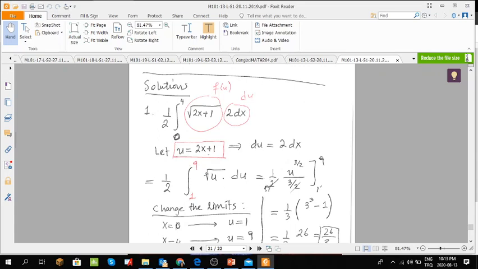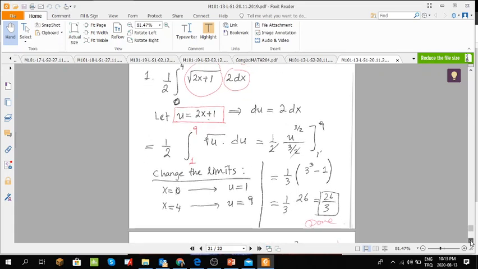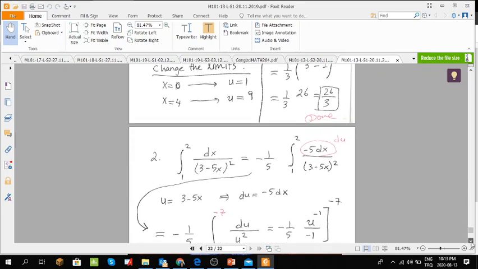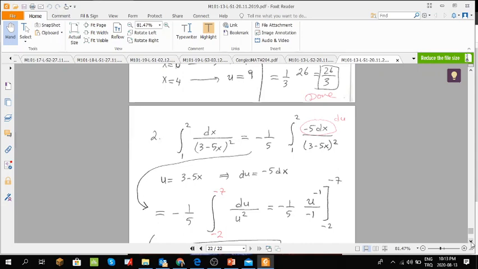Apply the power rule, and you get 26 over 3 as a solution. Be careful here, you don't have to put back in what u is in terms of x because everything is in u now, so forget x afterwards. For the indefinite case, we convert it back to x. For the definite integral, we don't have to.